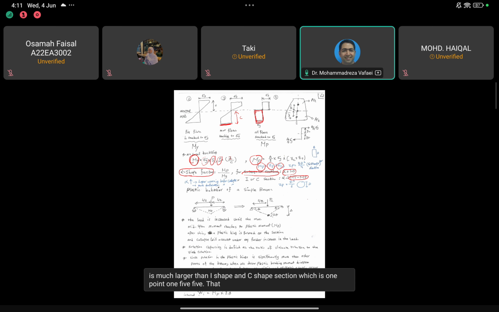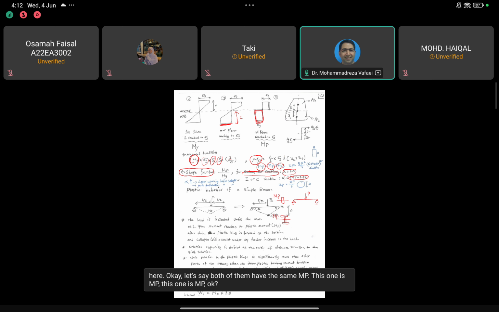That means if you have one beam made of a rectangular section and another beam made of an I section, and you apply the force here, let's say both of them have the same MP. This one is MP, this one is MP.